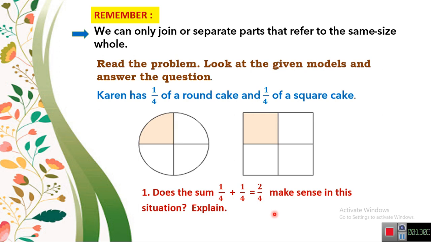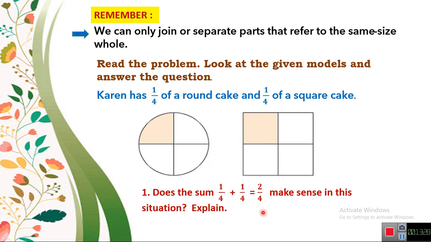Yes, because you know this sentence that tells you we can only join or separate parts that refer to the same size whole. You can see that these wholes are not of the same size. 1/4 of the round cake and 1/4 of the square cake are not parts of the same size whole. Do you agree with me?